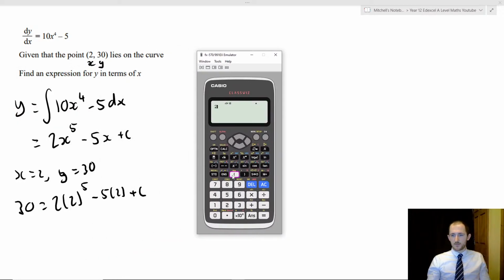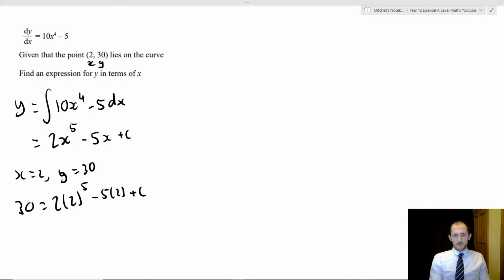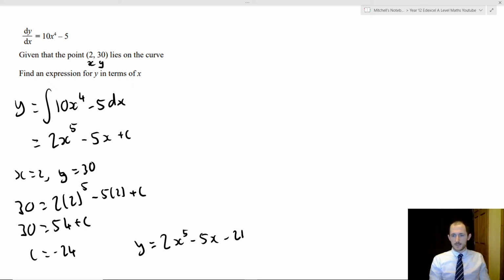So we have 2 to 5 minus 5 times 2 is 10, so 54, so 30, whoops. 30 equals 54 plus c, so c is equal to minus 24. So that means my equation for y, or expression, is this. Not too shabby.